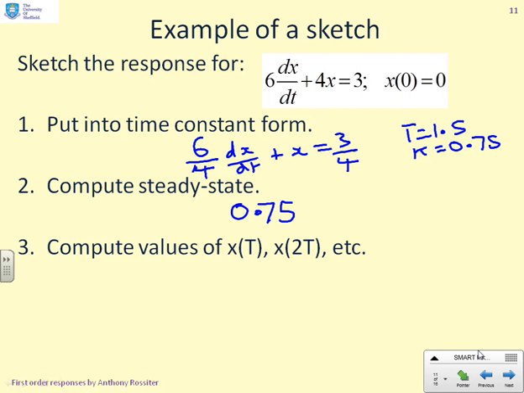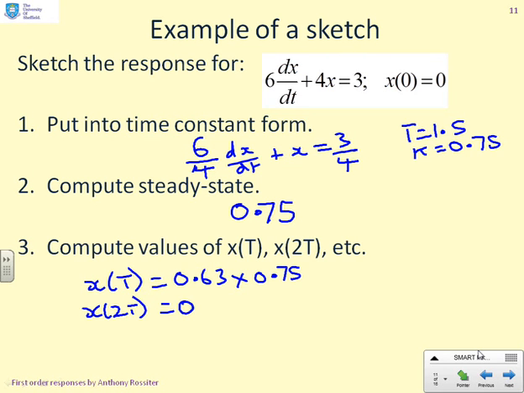So x of T equals 0.63 times 0.75. x of 2T equals 0.84 times 0.75. x of 3T equals 0.95 times 0.75, and so on.